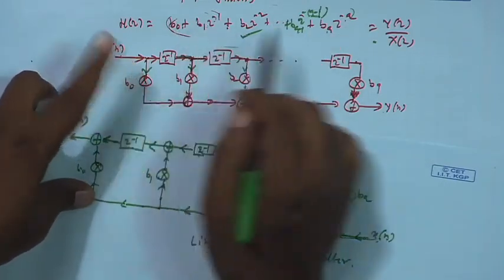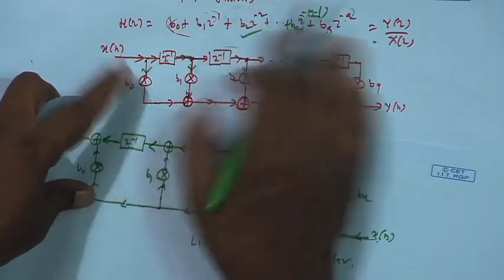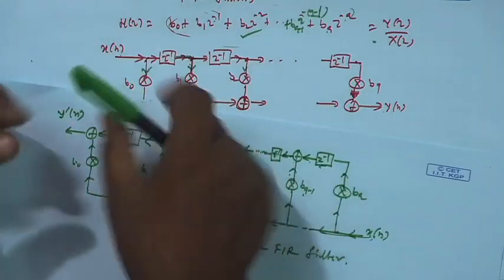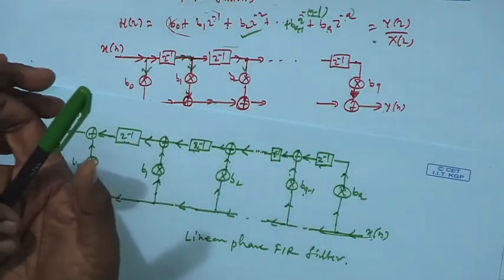Then take those two factors, multiply, you get a second order factor, and like that. So, it is a product of various factors, either second order or first order. Each will give rise to one sub filter. You can arrange them in any order in a cascade form, and that will give you H(z). So, cascade form is available for FIR filter also.